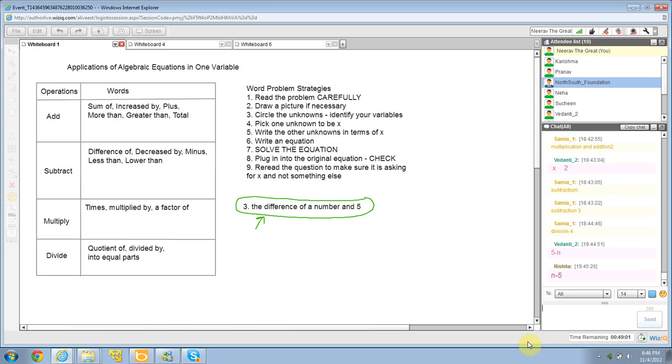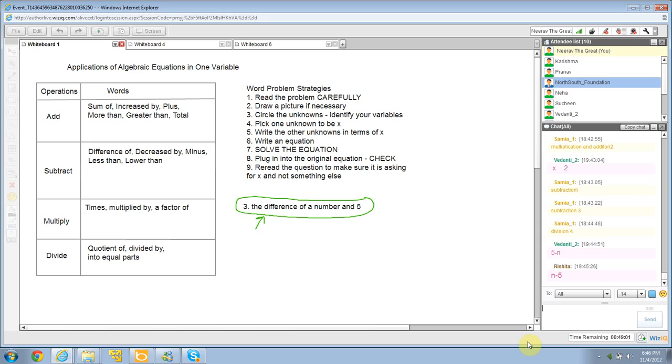So let's do another problem or two. Instead of typing it into the chat box, I want you guys to answer the poll when I put it on. Okay, here we go, 1 more, and then we'll start working with the equation.